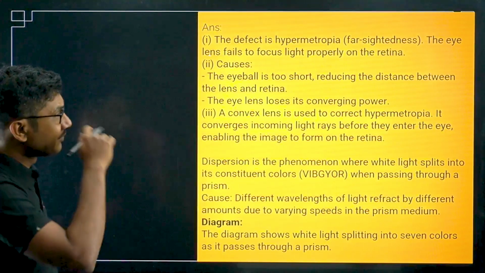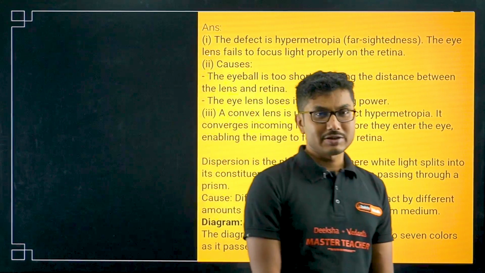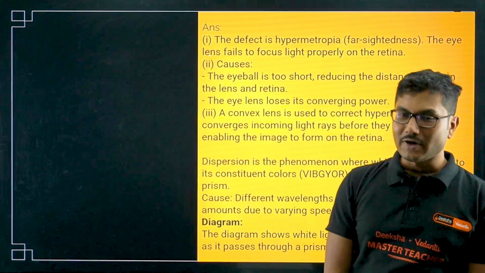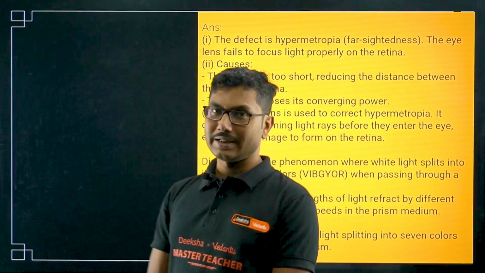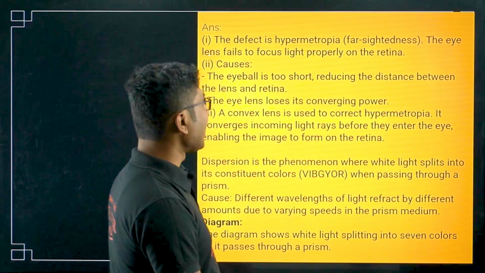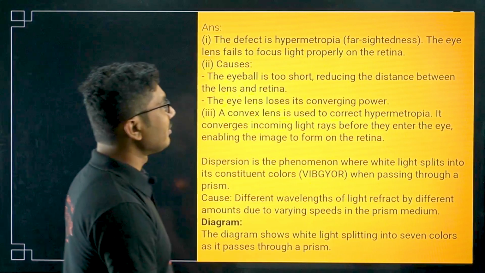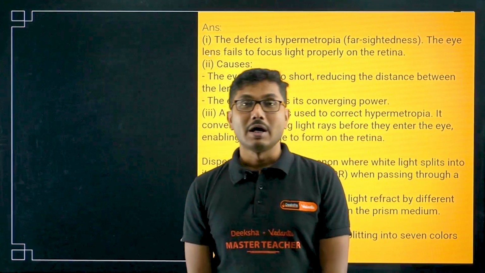Let's see. First, the defect is hypermetropia or farsightedness. The person cannot see nearby objects, but can see far objects. That's why it is called farsightedness. Hypermetropia: the eye lens fails to focus the light properly on the retina. Which part of the eye is responsible?